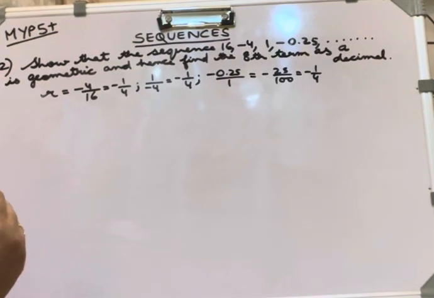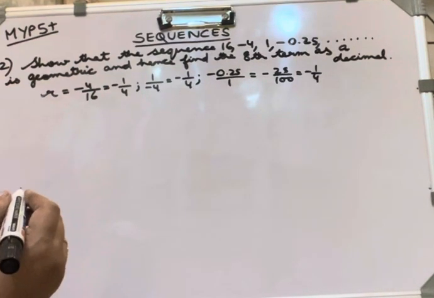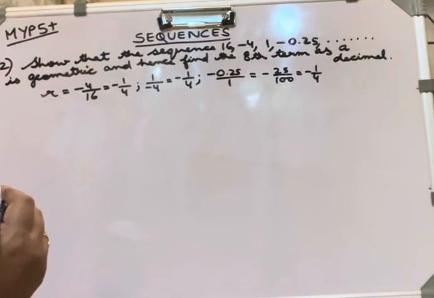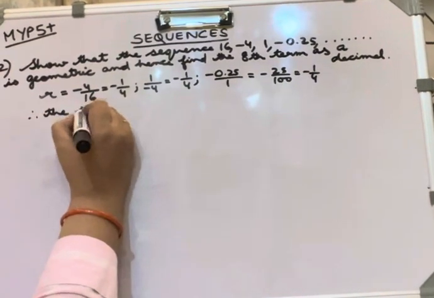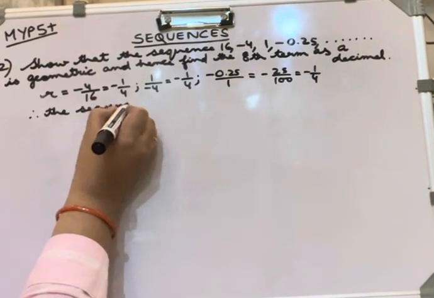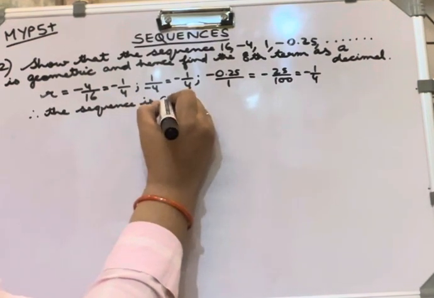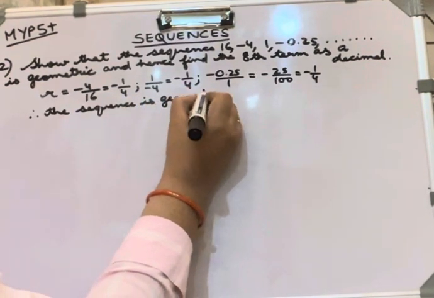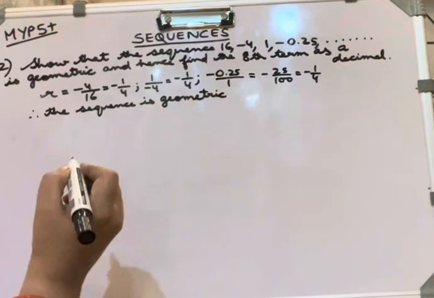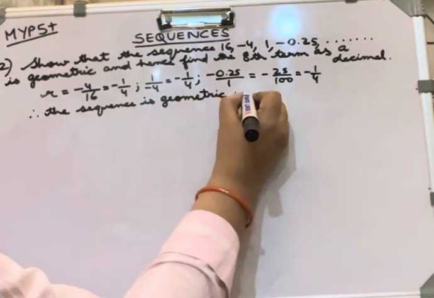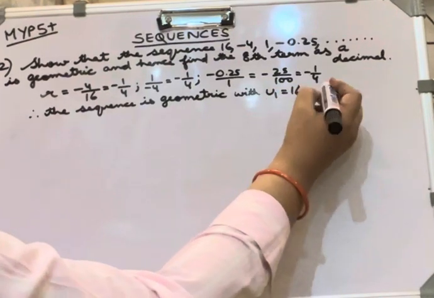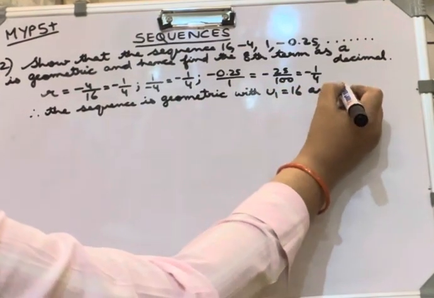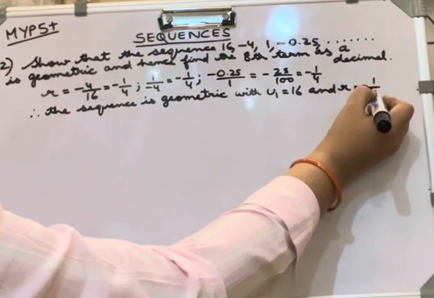So assuming this pattern continues, consecutive terms have a common ratio of minus 1 by 4. Therefore, the sequence is geometric with U1 equal to 16 and common ratio R equal to minus 1 by 4.